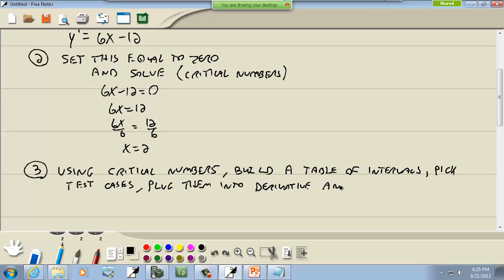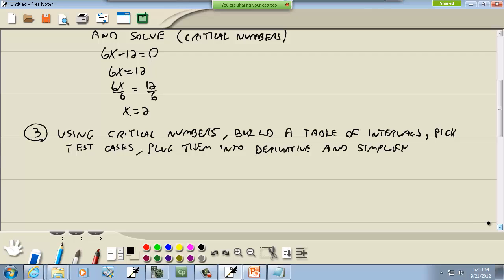And simplify. Now, if we look at the sign of it, basically, if our sign is positive, then that means our graph is increasing. If our sign is negative, then the graph is decreasing.